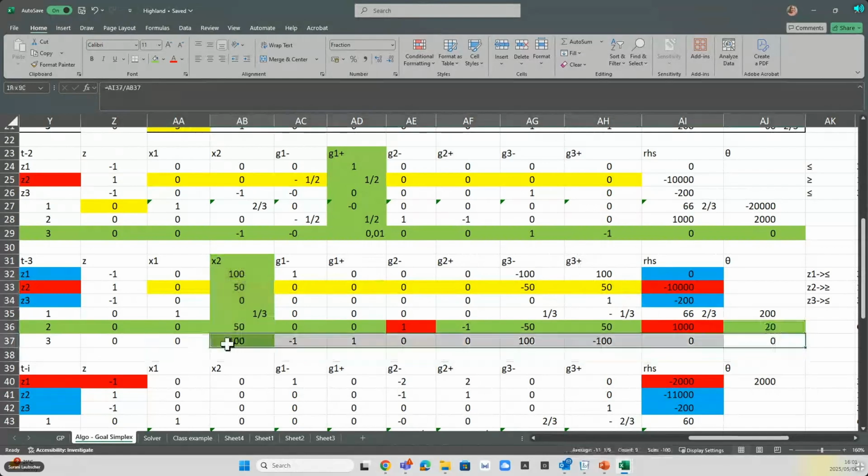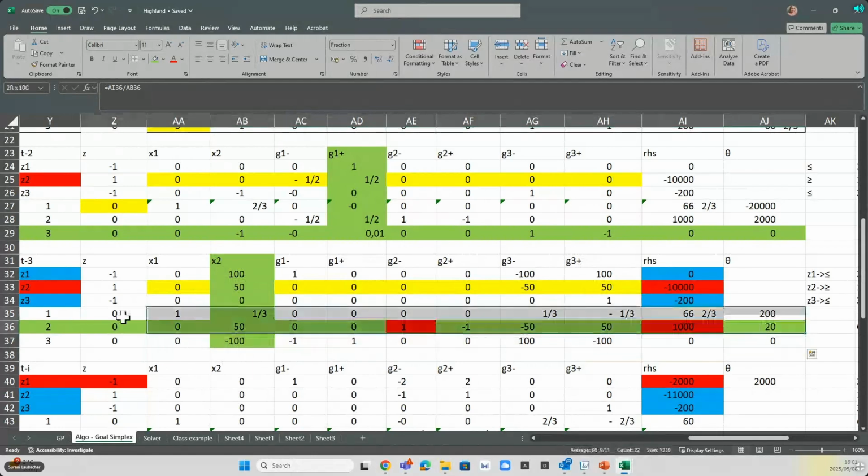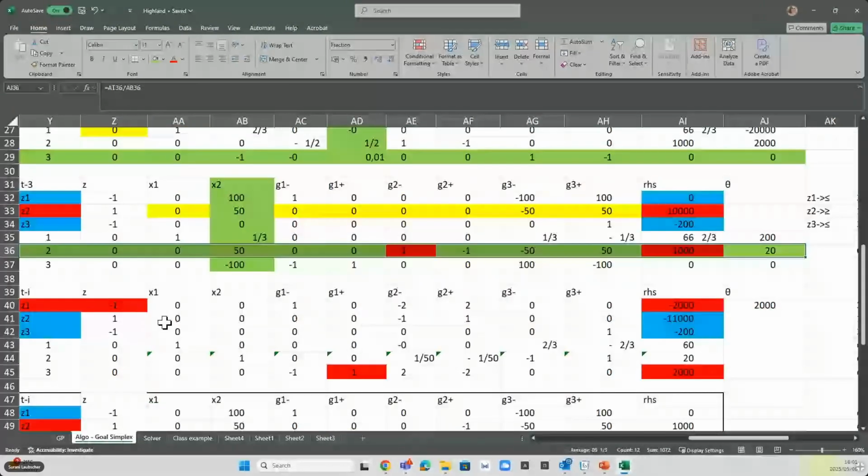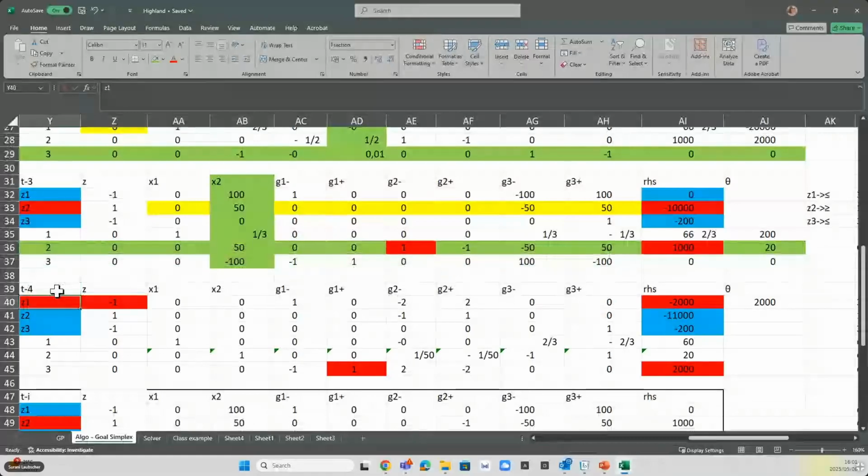Why am I not choosing the 0? It corresponds with a negative value. So don't. You're going to loop. Okay. It goes for the smallest positive, other than, well, not really other because it's not positive, right? Do your pivot. We're now at table 4.